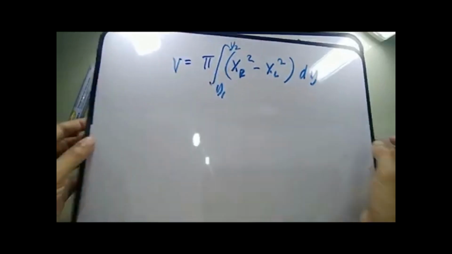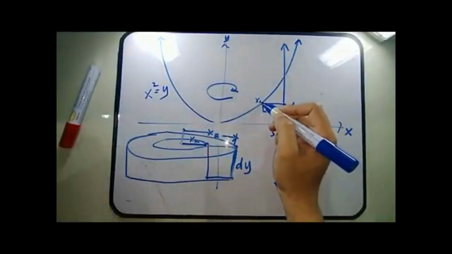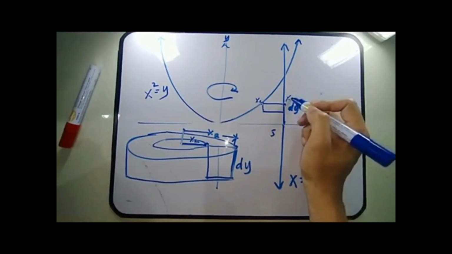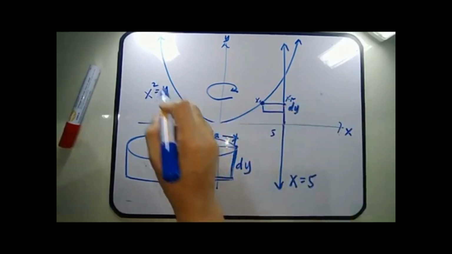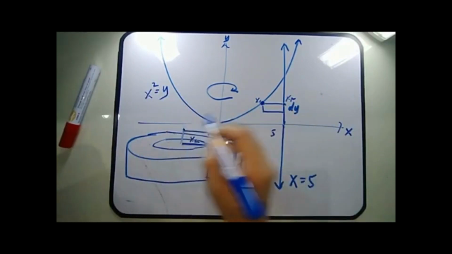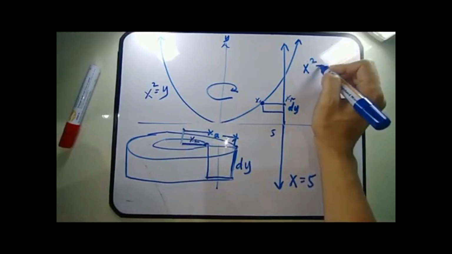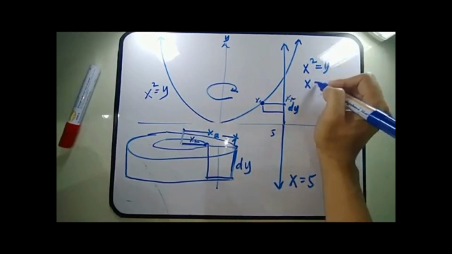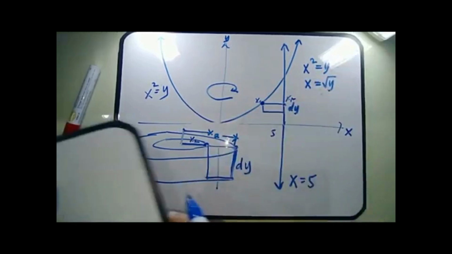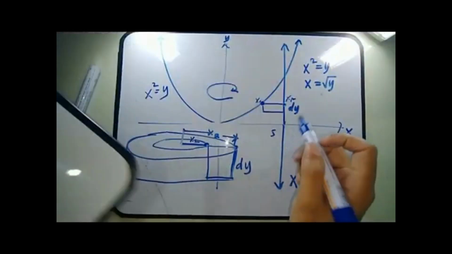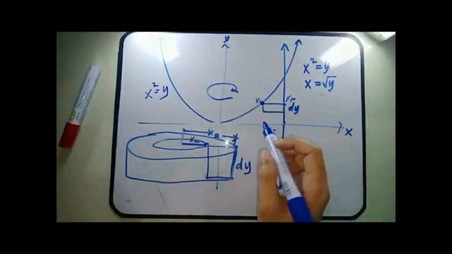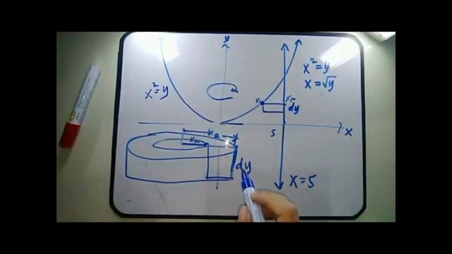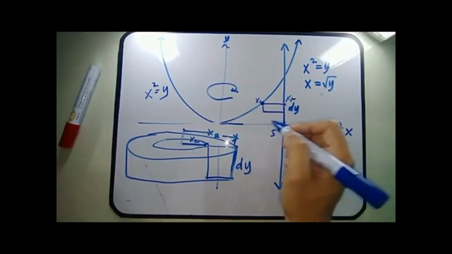So, from this figure, we can say that this is x left, so this is x right. So, x left will be your parabola. So, basically, you have here x squared is equal to y. So, kunin natin yung x in terms of y. So, x equals the square root of y. Then, yung limit natin guys is, so we have here dy. So, meaning, that is from this point.